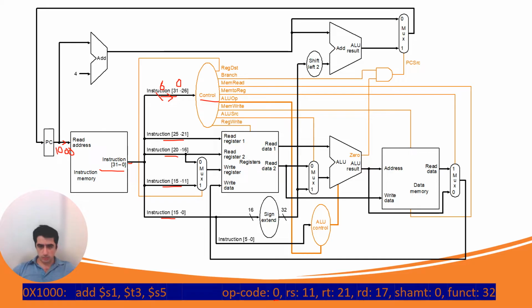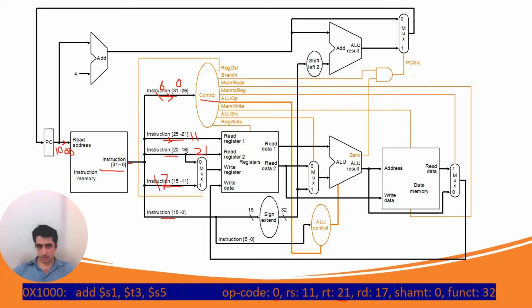And also the other wires, like this one, instruction 25 to 21, will get the value of the first source register, or RS, which was 11. I use decimal values here because it's very convenient. The second source register, which is RT, is 21, so I place 21 here. The destination register, or RD, is 17, so I will put 17 here.